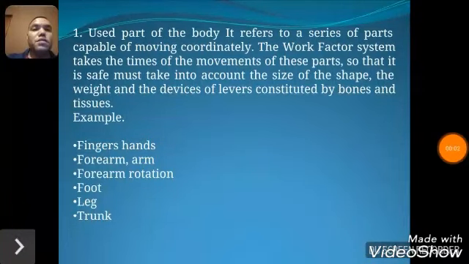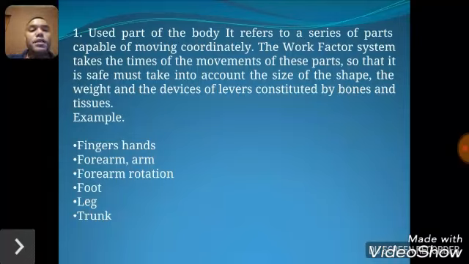Hello, my name is Víctor Rosario Rodríguez Reynoso. I'm going to talk about some work factor points. Number 1. Used part of the body. It refers to a series of parts capable of moving in coordination.